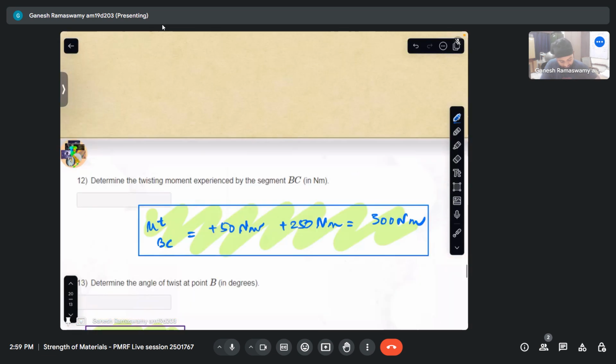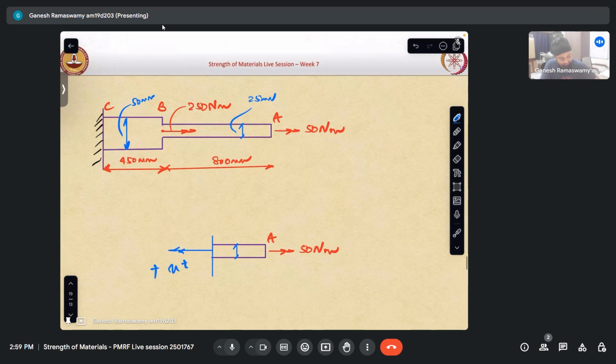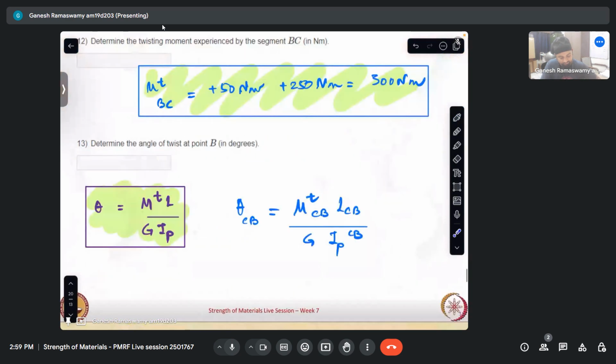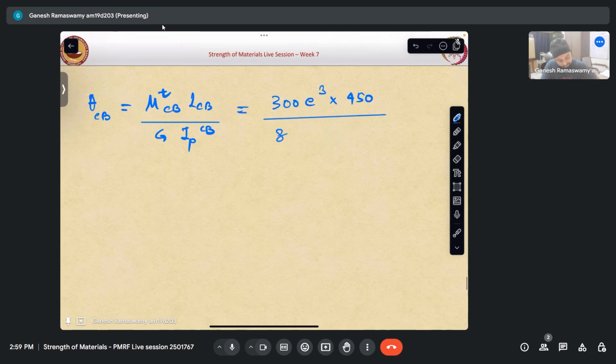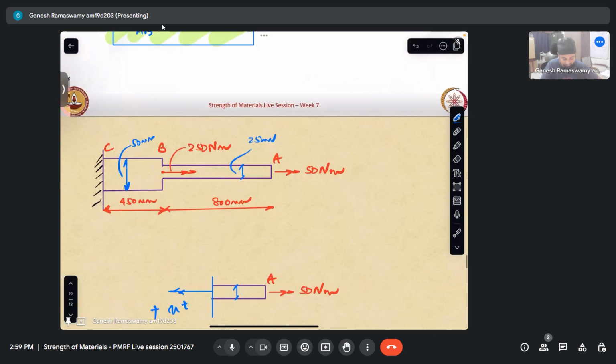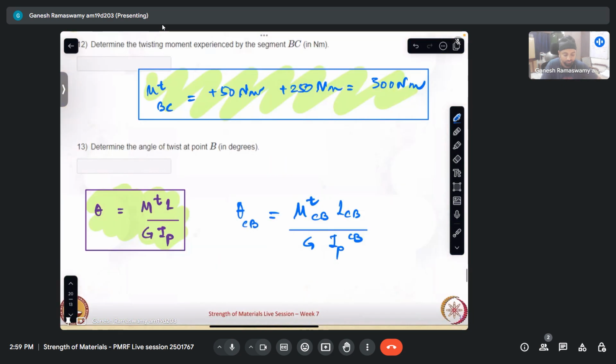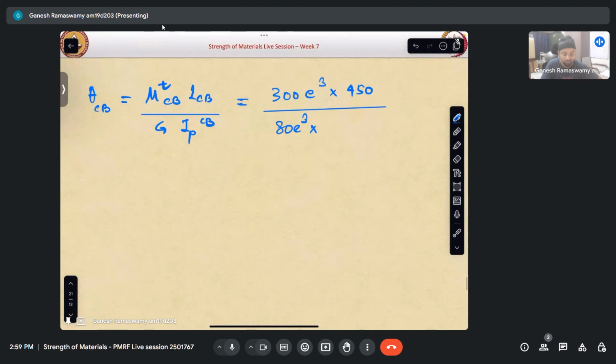It is 450, by G, which is given to be 80 GPa, so 80 E3, into IP. The diameter of this section is given to be 50. So IP for a circular cross section, it is solid, so it will be pi d power 4 by 32.